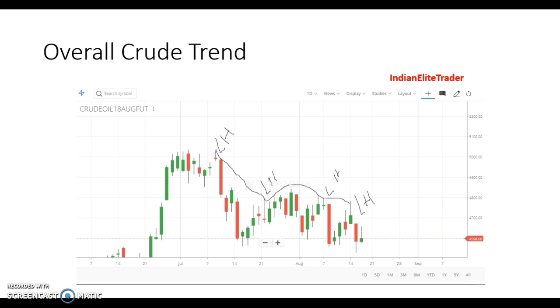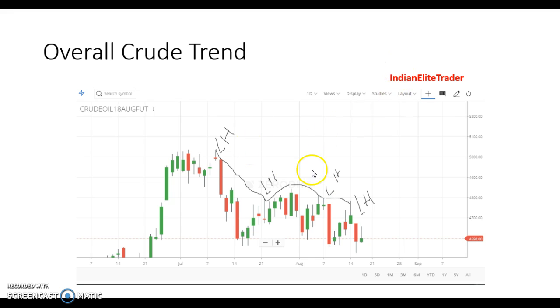Okay, as you can see, this is the one-day chart of crude oil. From mid-July onwards, crude oil has been making lower highs. This LH is nothing but lower highs. It has been continuously making lower highs. So please pardon me for the diagram, I was short on time, so I just drew it in a very rough manner.